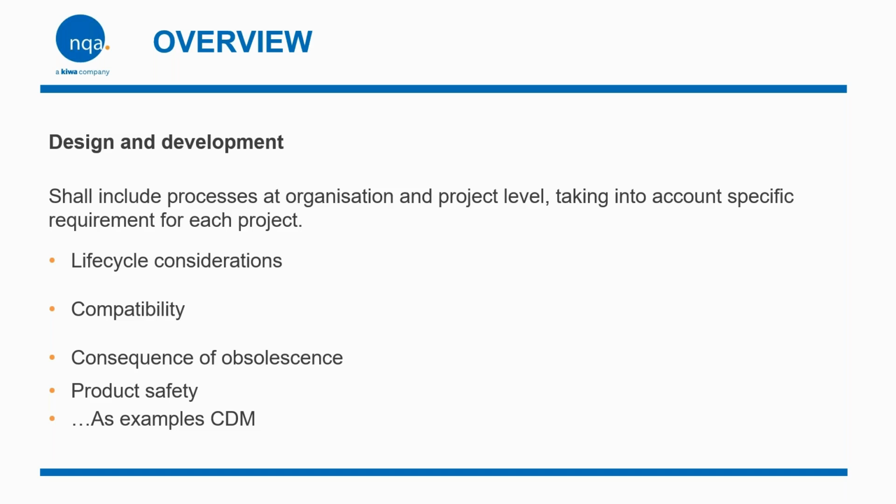Making sure that you're working with the same type of materials, the same type of technology, throughout. The organisation should evaluate risk related to technology or components becoming obsolete. So there's no point in putting something in that's going to be out of date within six months. Product safety: the design and development process must ensure compliance with all safety standards and regulations.